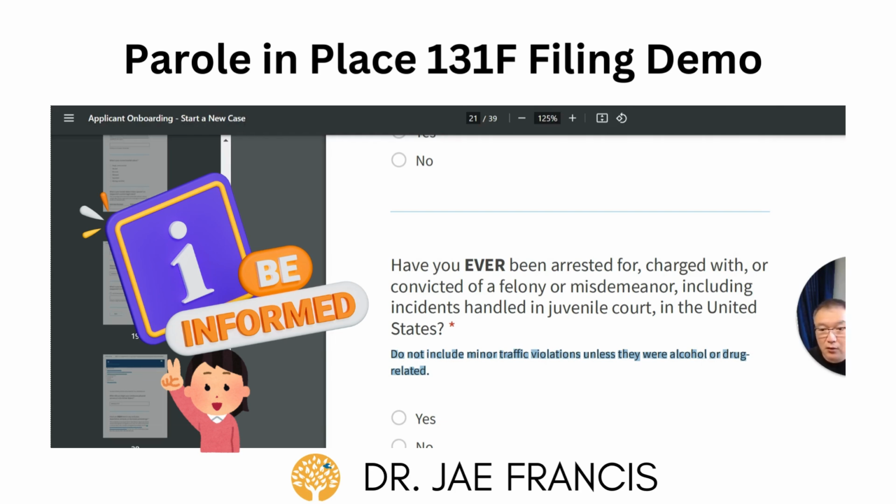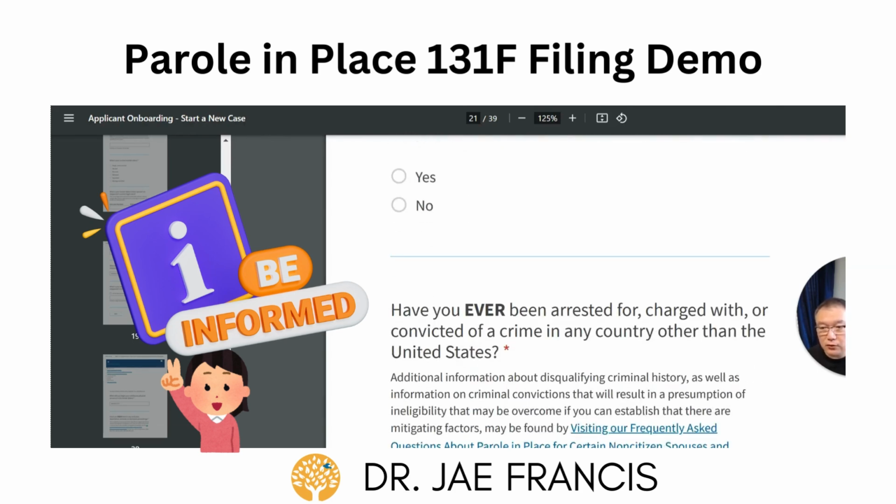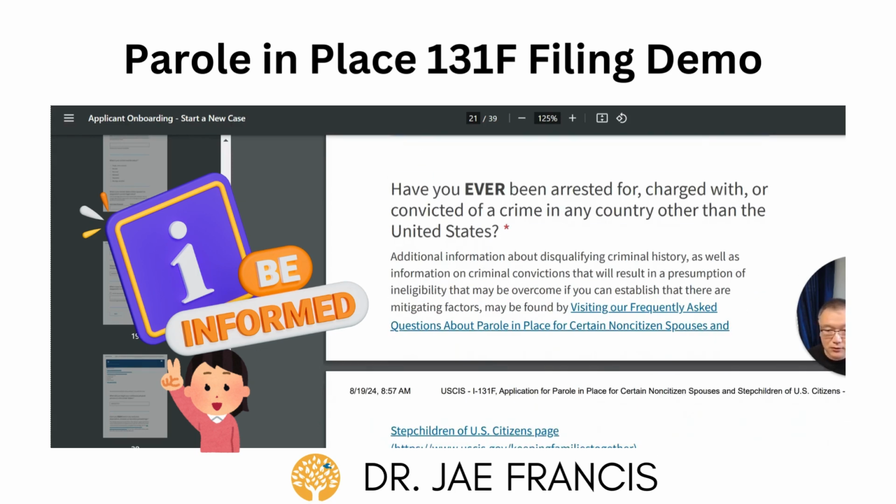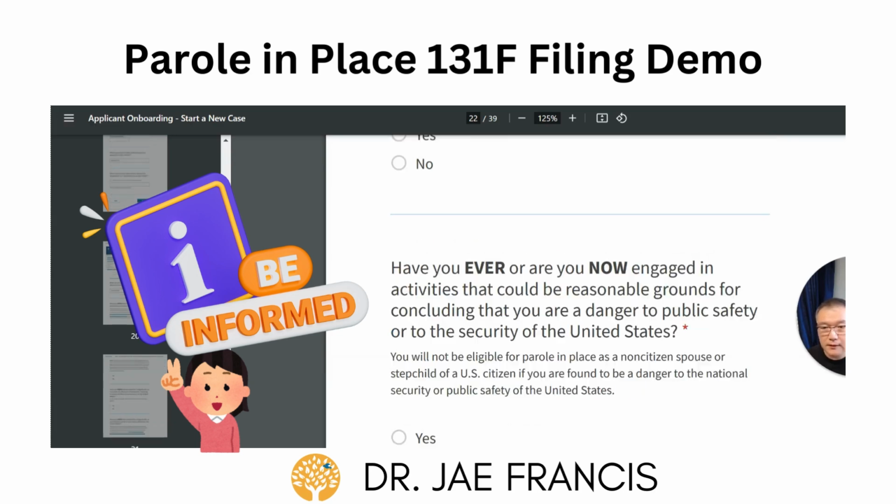So DUI, OWI, and controlled substance violations must be disclosed. If you have any criminal records from overseas, you need to disclose them as well. Once again, the USCIS 131F filing guide explains that if you have serious criminal convictions and records, you may not be eligible for this parole request, which means your request could be denied.